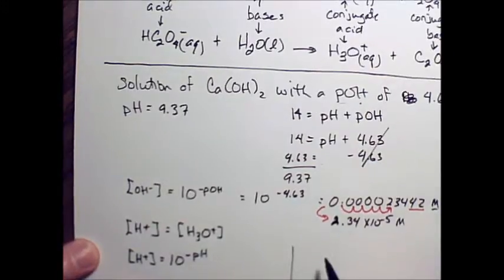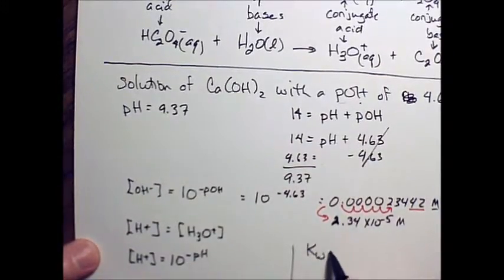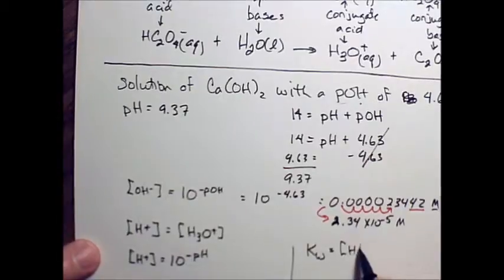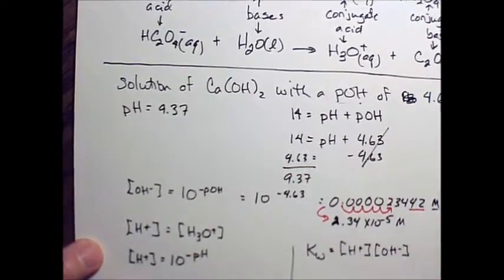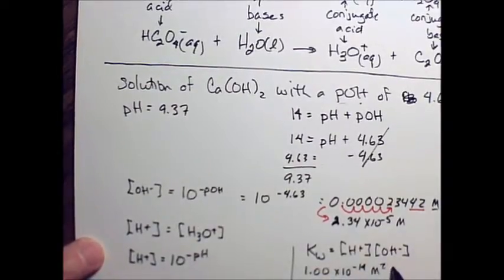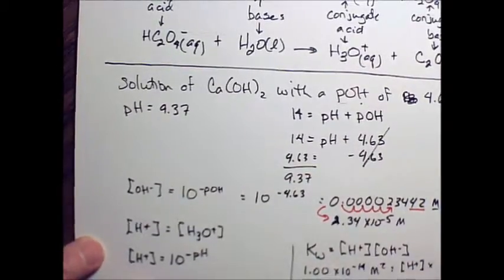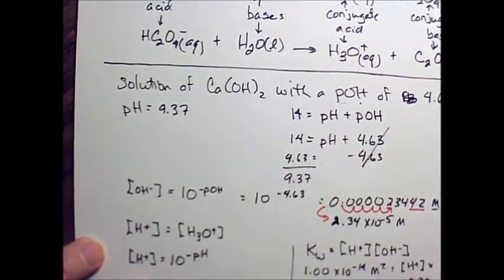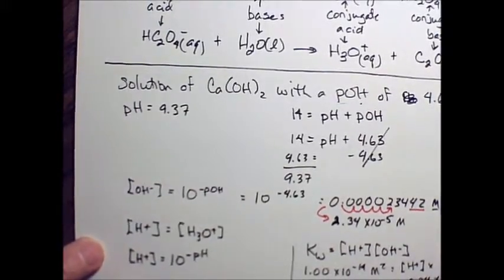Or I can use Kw: the H plus concentration times the hydroxide ion concentration, and Kw is 1.00 times 10 to the negative 14 molar squared. The hydroxide concentration is 2.34 times 10 to the negative 5th molar, and you just find the unknown.